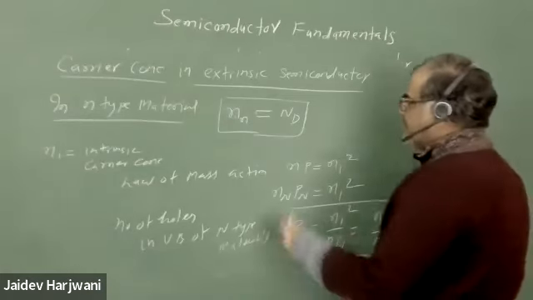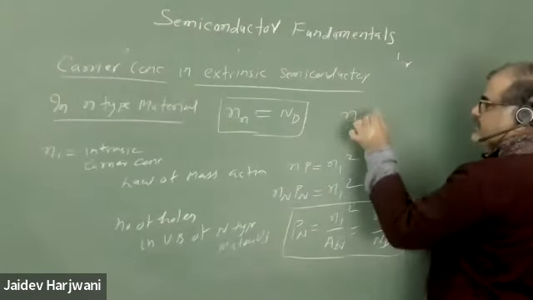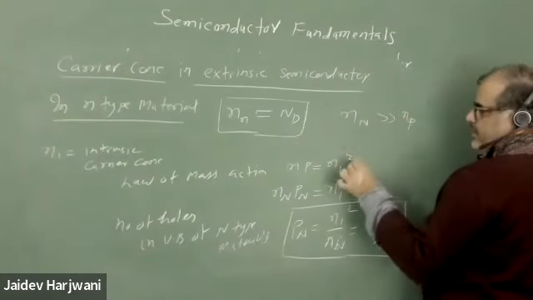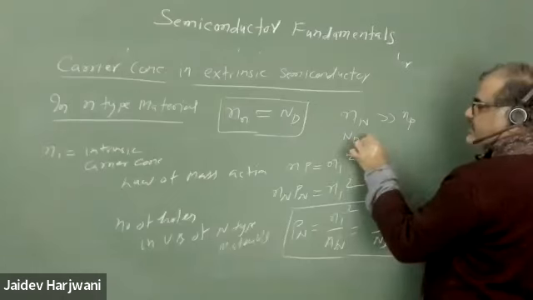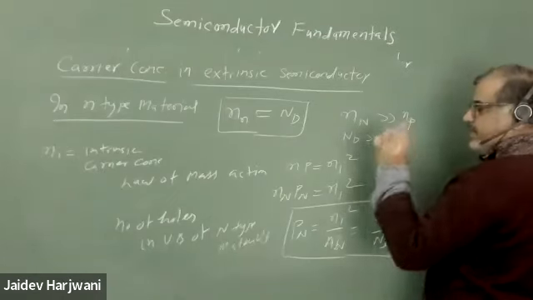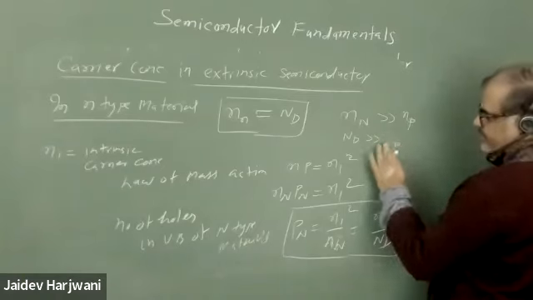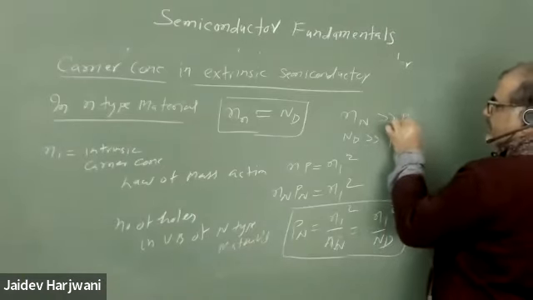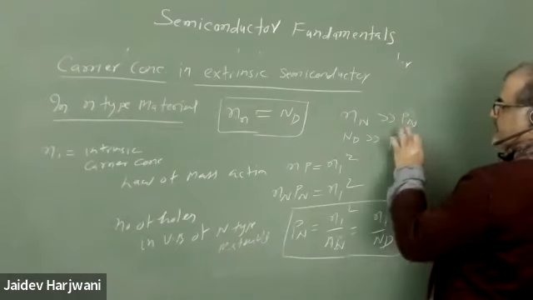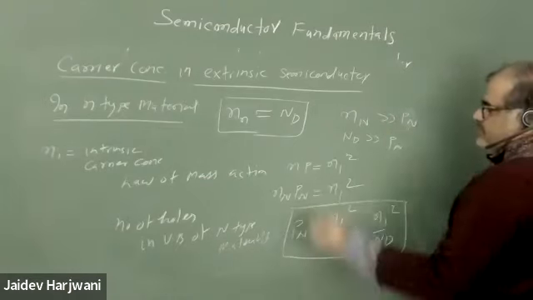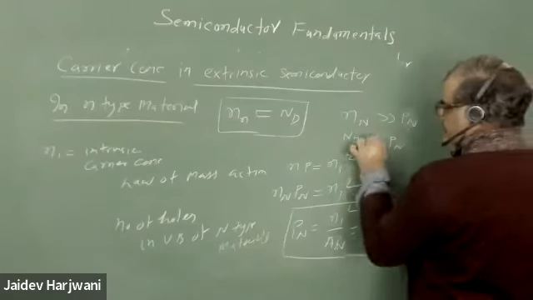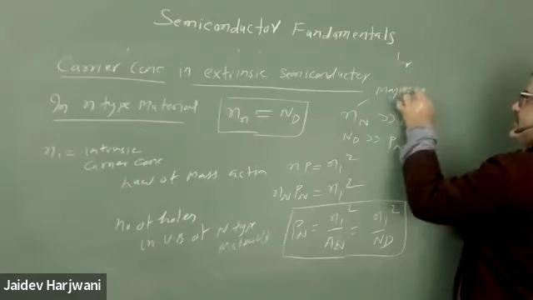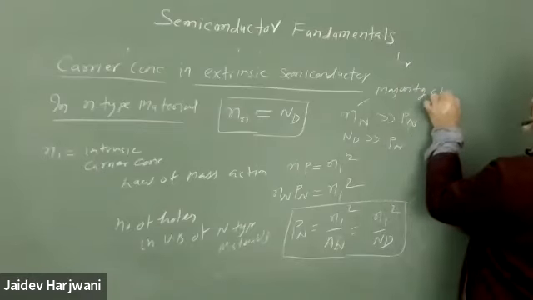So in n-type you can write Nn, or Nd, is greater than Pn. The number of holes in n-type is less, so electrons are the majority charge carriers.